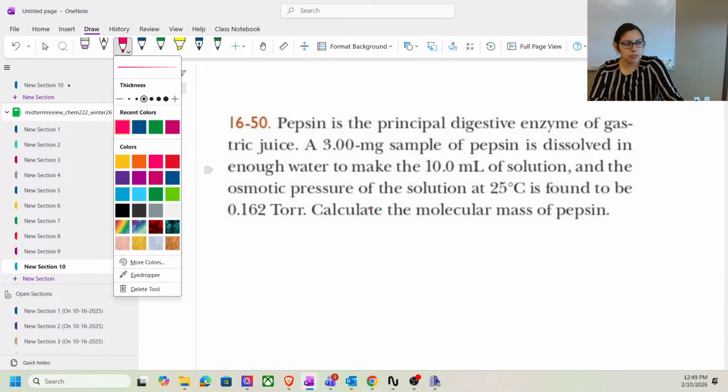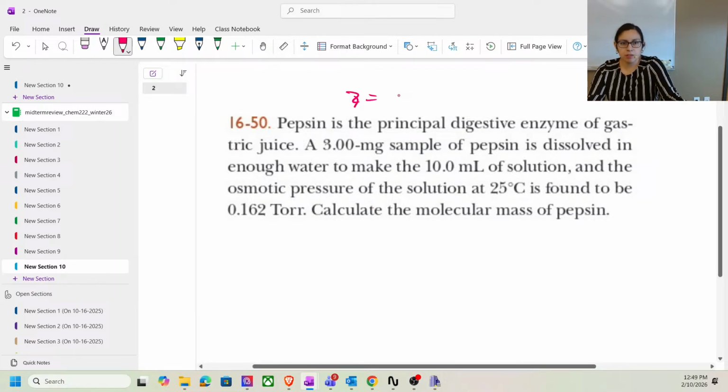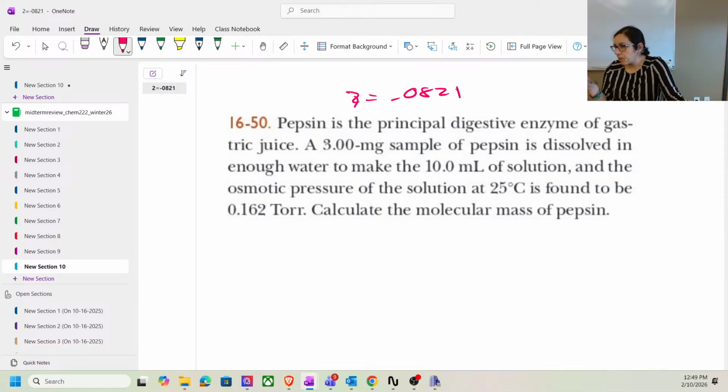So the R is just 0.0821 again, so I probably wasn't going to give it to you. Because, right, we usually just see two R's. It's either the 8.34 when we're in energy land, or the 0.0821 when we're in gas or van 't Hoff.